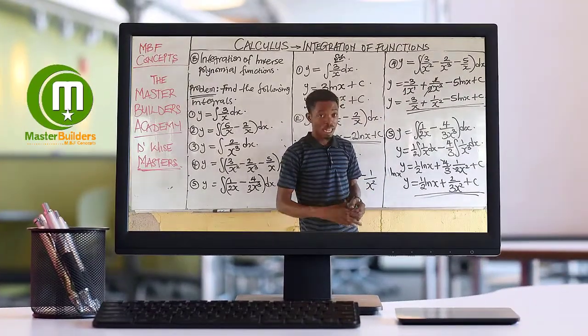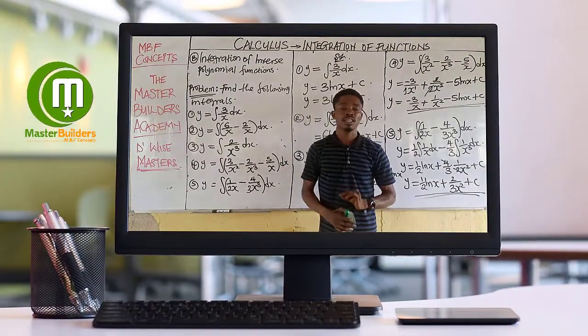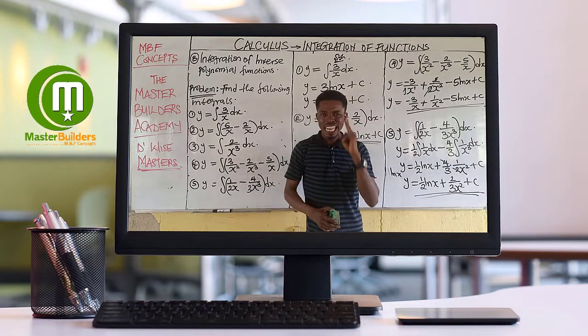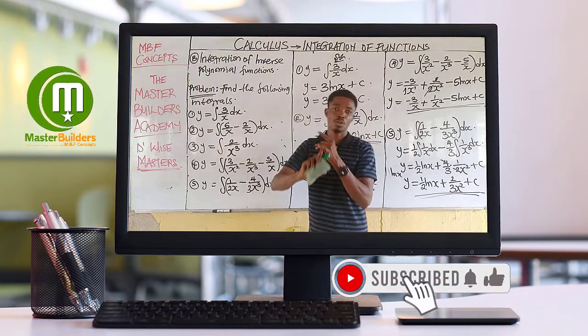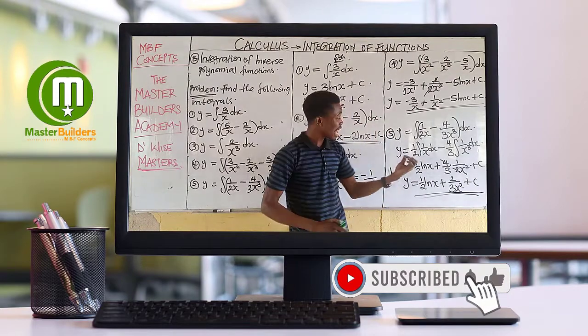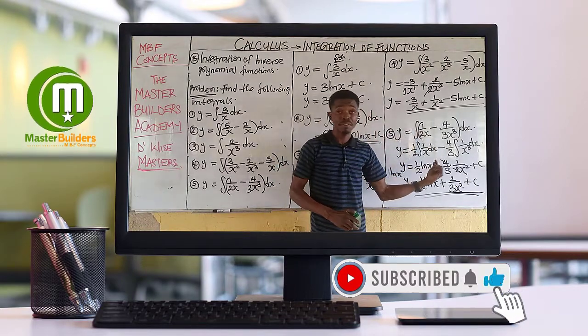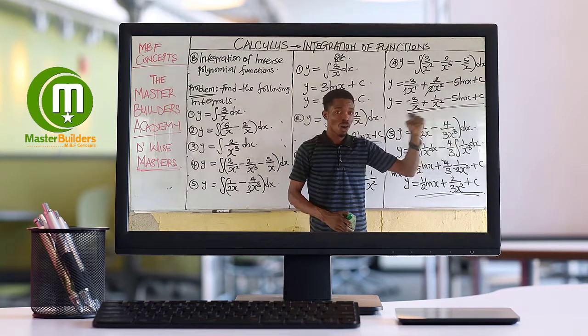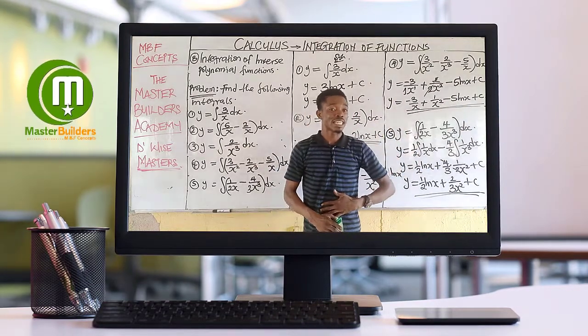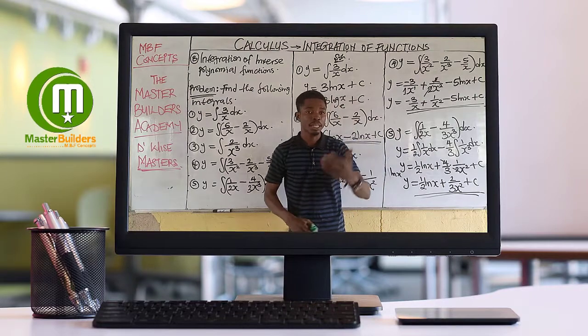Guys, this is very simple. I know you have learned a value from this lesson. Don't forget, the lesson that you should learn in this video is that you watch out for the function that you are given, whether you have a variable at the numerator or at the denominator. If it is at the denominator, what is the power?